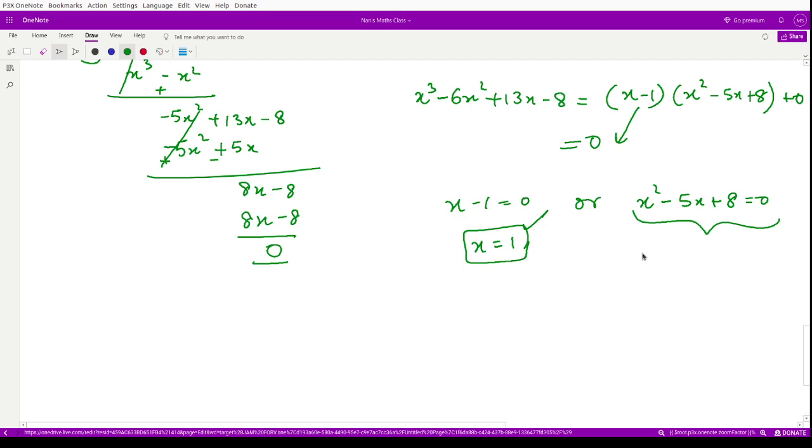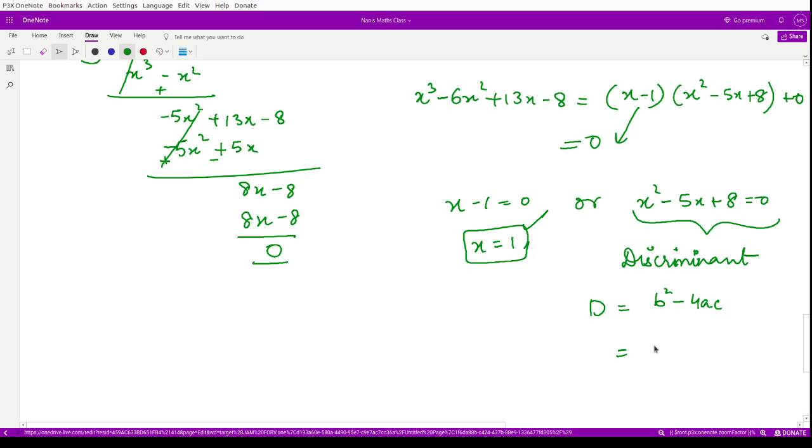Now for solving this quadratic equation, we can use the discriminant method, where you calculate the discriminant capital D, which is b square minus 4ac. Depending on that, we'll determine whether we have real roots, imaginary roots, or what.